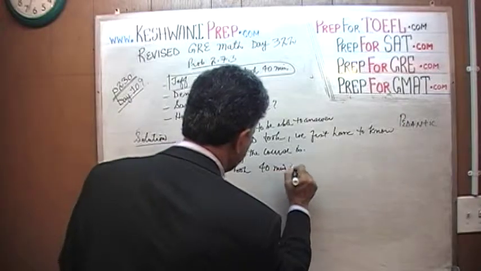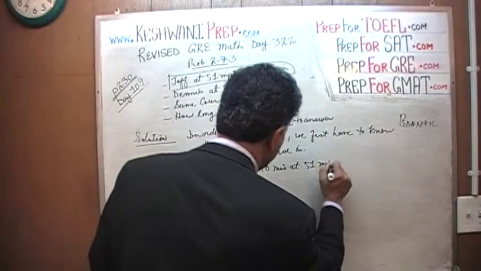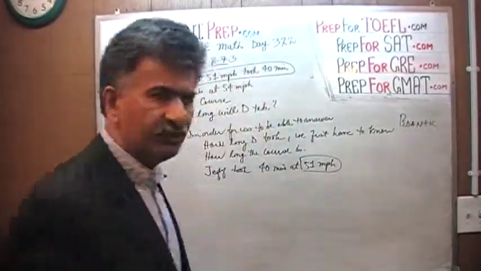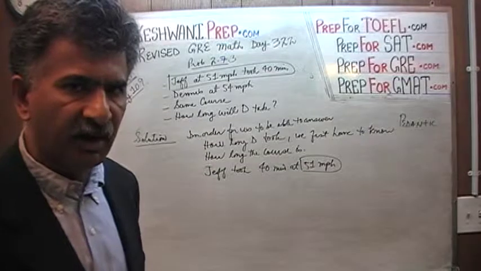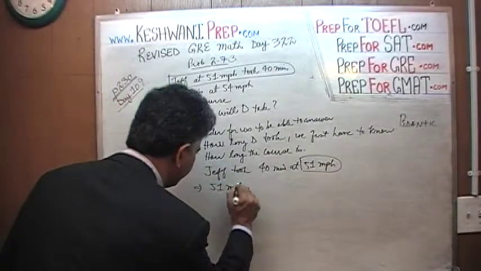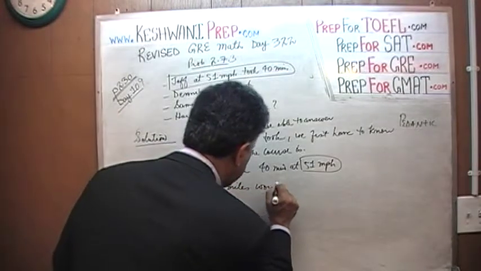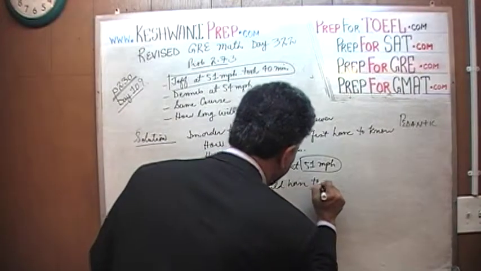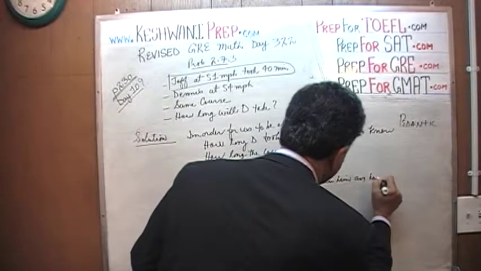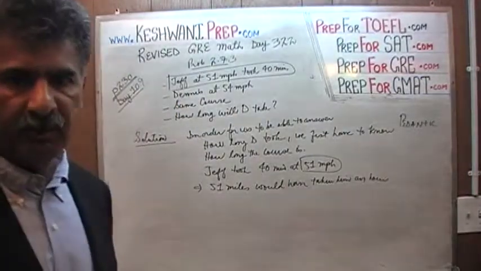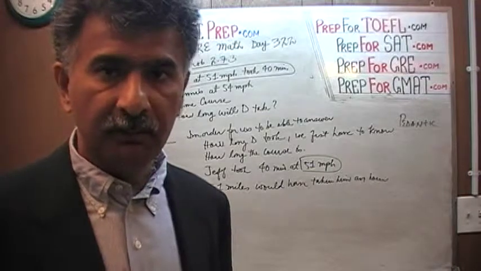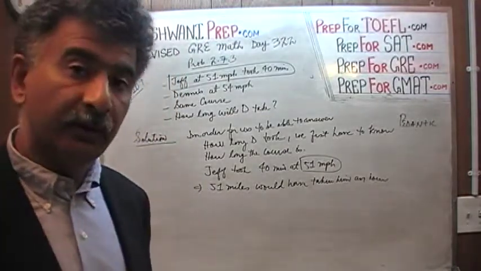Since he's going at a speed of 51 miles per hour, that obviously means that 51 miles would have taken him an hour, which is why it is called 51 miles per hour. So we're going to set it up as a ratio.